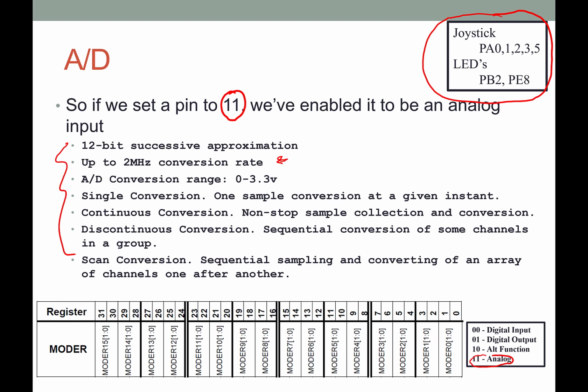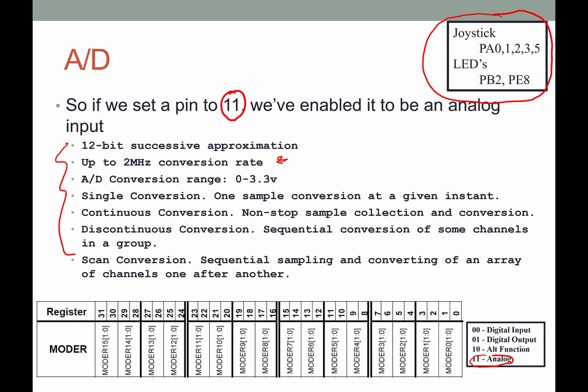The A to D conversion range, it says here, is 0 to 3.3 volts. That may be a little off, but that's as long as you're using the standard reference voltages. Normally the reference voltage is ground and the upper reference voltage, the high voltage, is 3.3. So that's sort of the idea behind that.